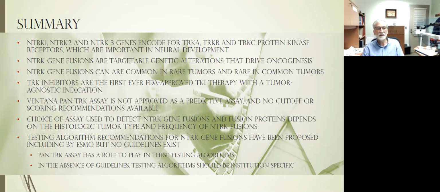Then finally, one has to remember that the drug approval is currently a companion diagnostic only based on the next generation sequencing confirmation of fusion. I'll be happy to take questions now.